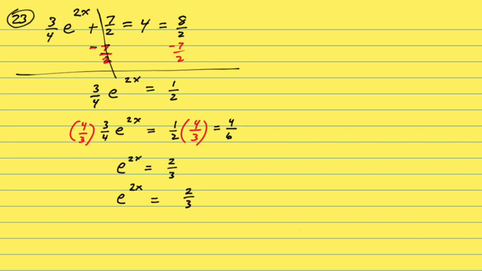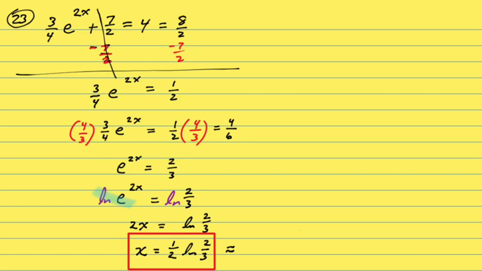To get rid of the e, you use its inverse, which is natural log. The natural log and e eliminate each other, leaving me 2x equals the natural log of 2/3. To get rid of the 2, multiply by 1/2, and you would have your exact answer.